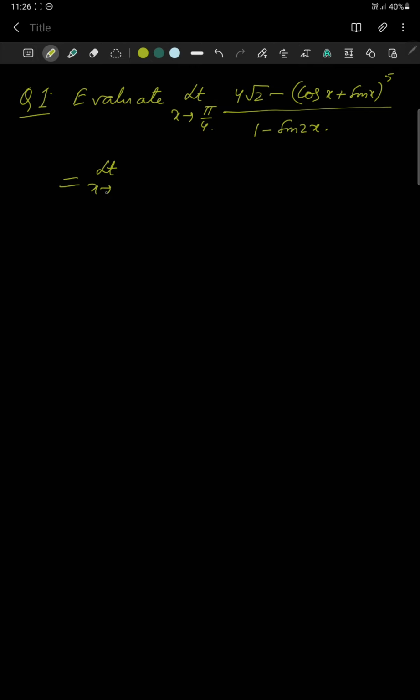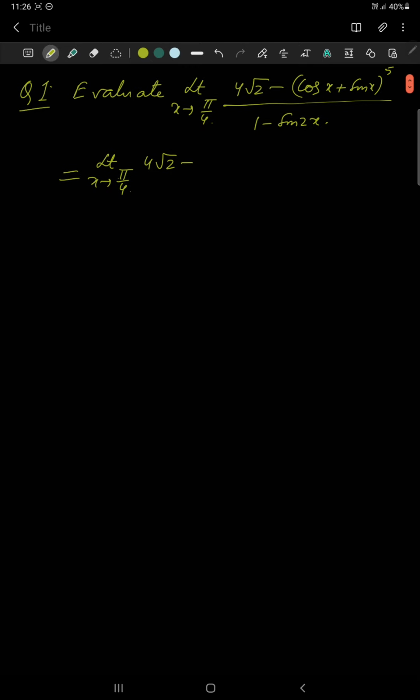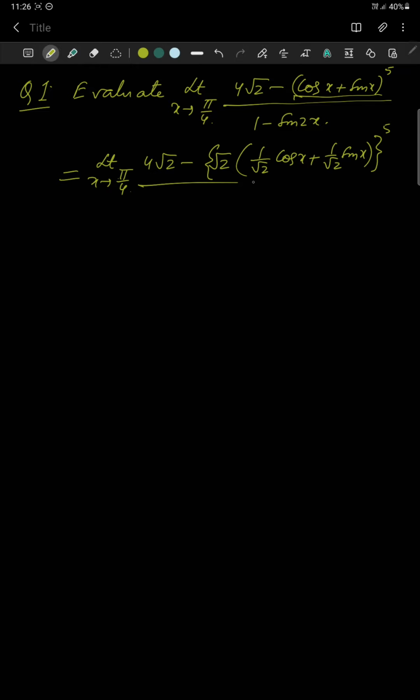Limit x tending to pi by 4, 4 root 2 minus, what we are going to do inside this one: root 2 is multiplied and 1 by root 2 is multiplied inside the bracket, cos x plus 1 by root 2 sin x, whole power 5, whole divided by 1 minus sin 2x.